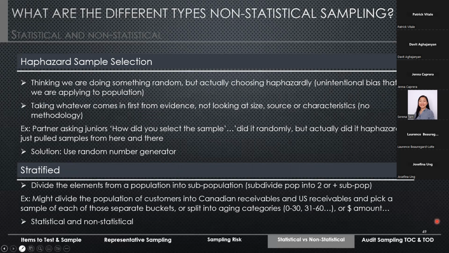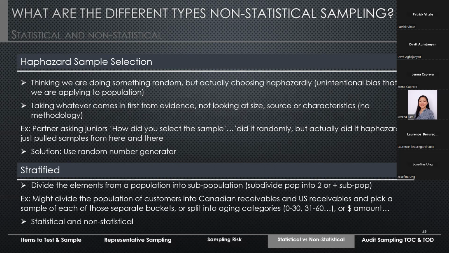Haphazard sample selection is when there's bias involved. You have to remember the unintentional bias that we're applying. You're taking whatever comes to your mind first, and then you're doing it.